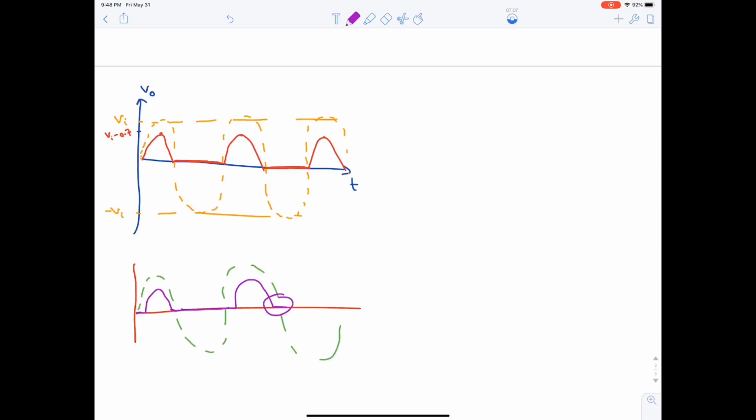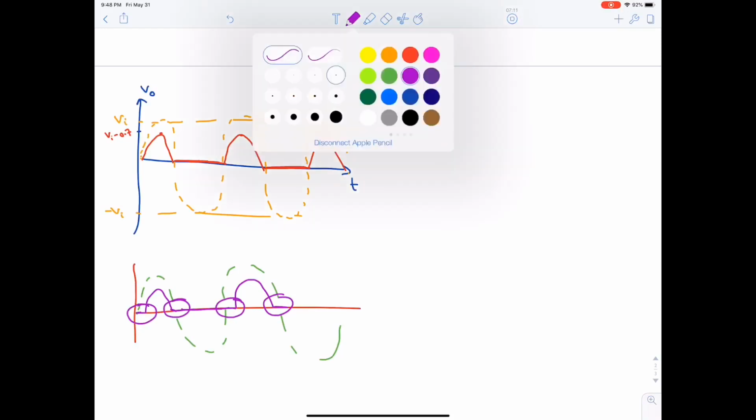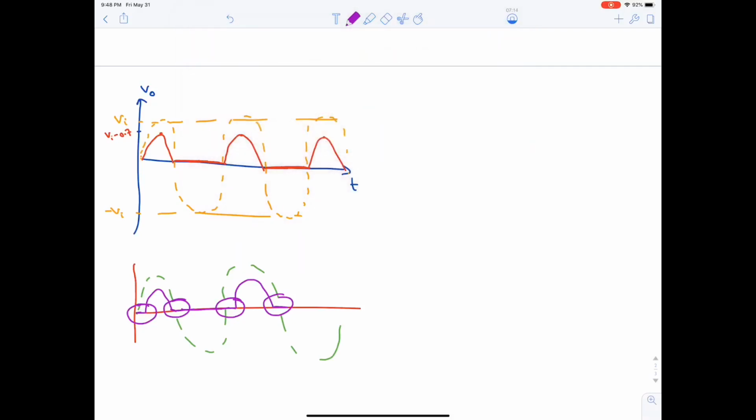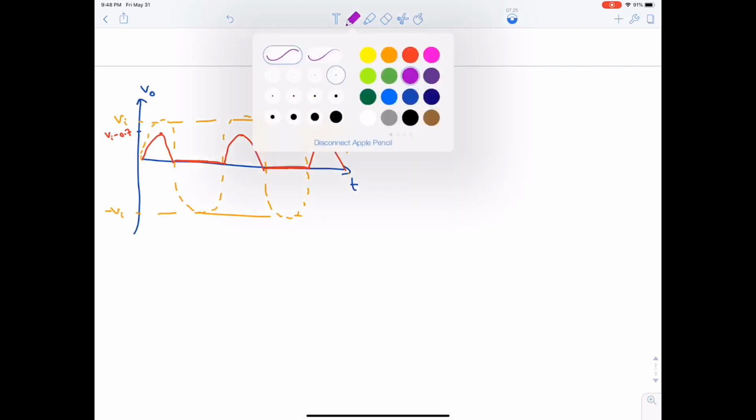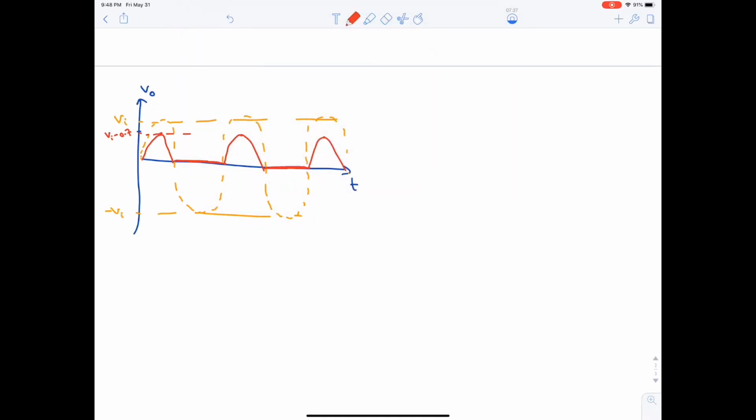But this shifting, we will not consider it in this course to simplify things, but just keep it in mind. Now, let's continue. Now we do the waveform with a peak value of Vi minus 0.7.